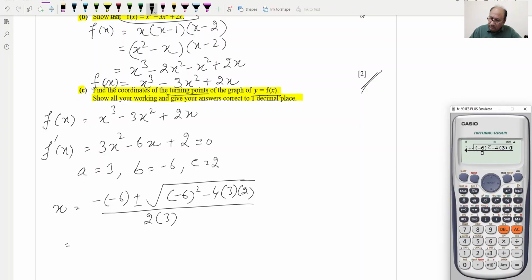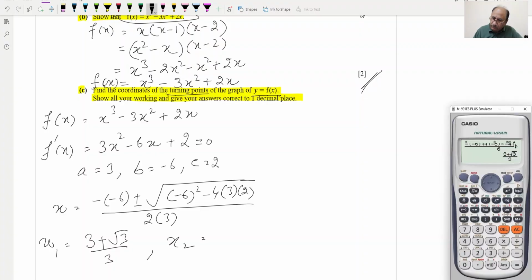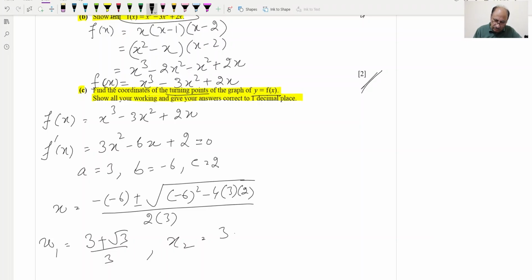Always replace values in brackets, that will reduce your chances of mistakes. And this will be 3 plus under root 3 over 3, this will be the x1 value, and for the x2 value, if we replace the negative sign, we'll get 3 minus under root 3 over 3.